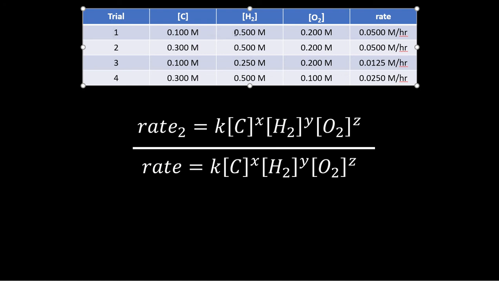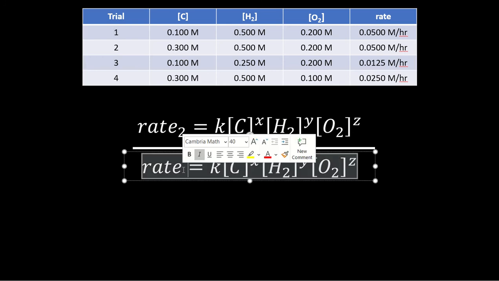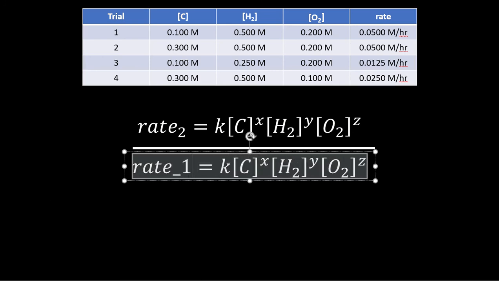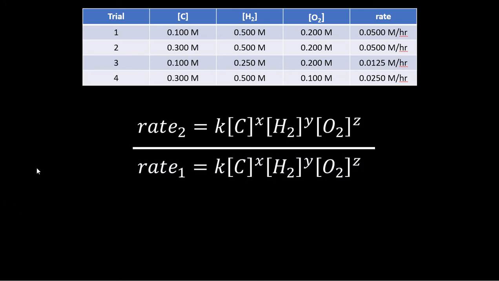Since the concentrations of hydrogen and oxygen are staying the same, if we take the data from trial 2 and divide it by the data of trial 1, we're getting a few values to cancel out.